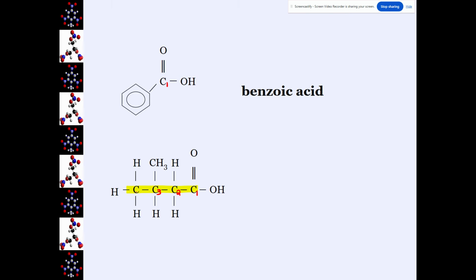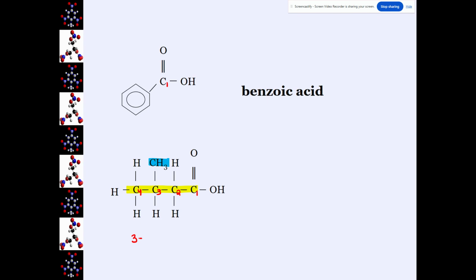Then I find my longest continuous chain from that, number it outwards, and here I would have a branch right there on carbon 3. As we know, a 1-carbon branch is called methyl. So to name this, again, start with my branches.